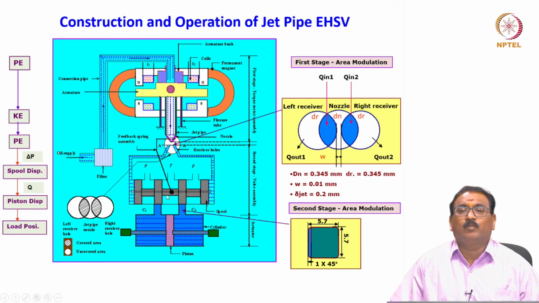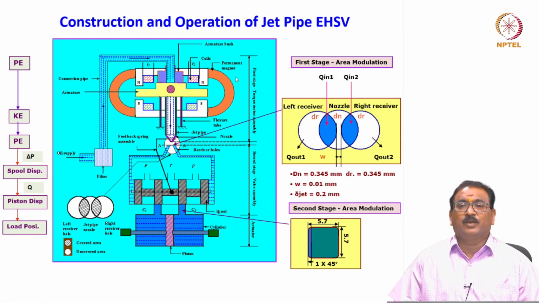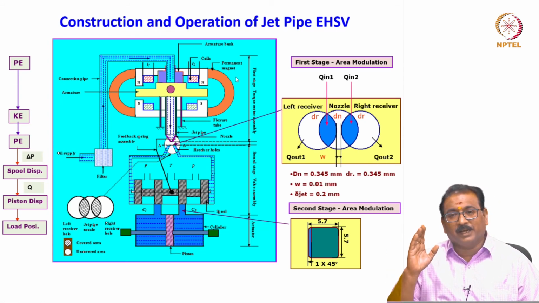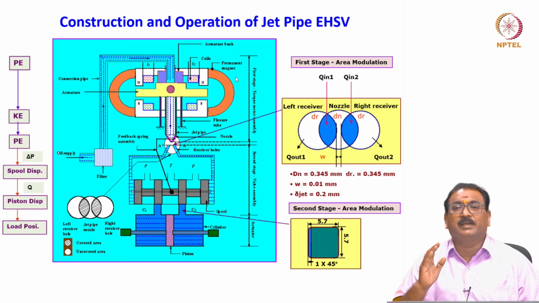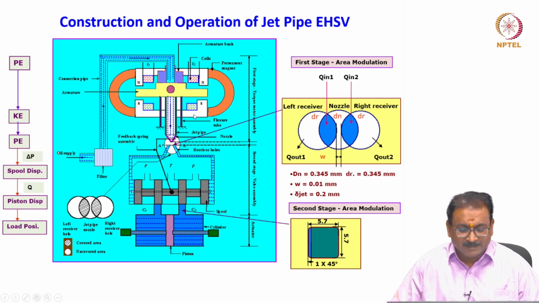Then to model this jet pipe electrohydraulic servo valve, first and foremost you have to understand the theoretical concept, how pressure recovery takes place in the first stage when the jet pipe deflects to the left side or the right side. This is what we call area modulation. What is area modulation? You will see the left receiver, and here is the right receiver hole.